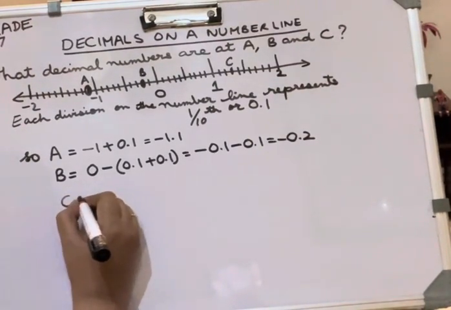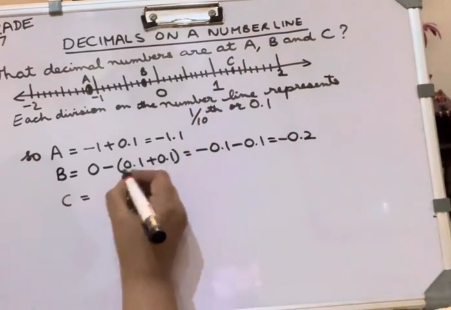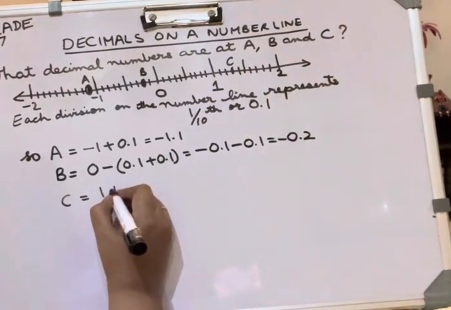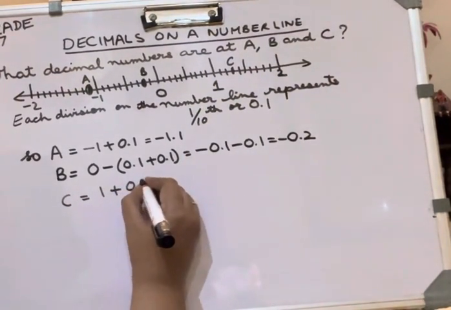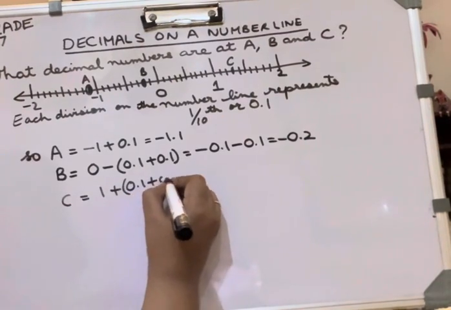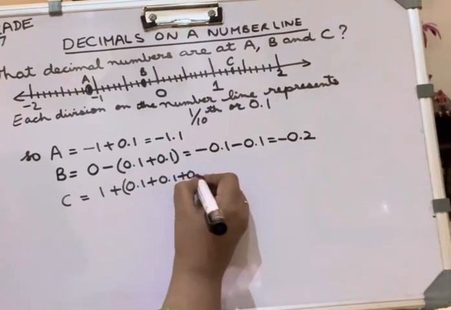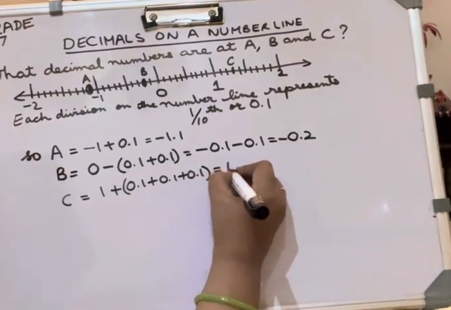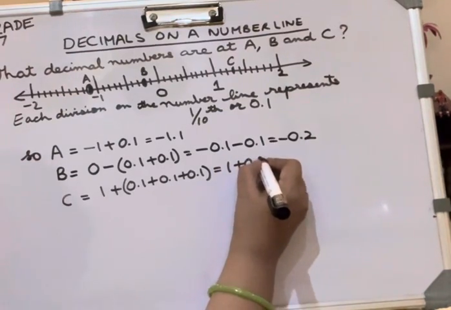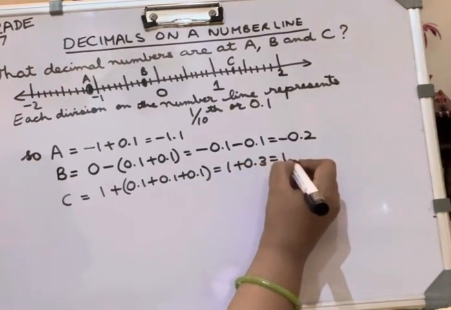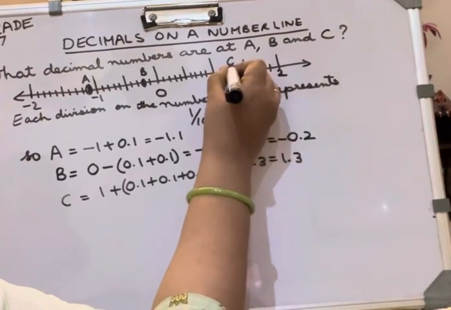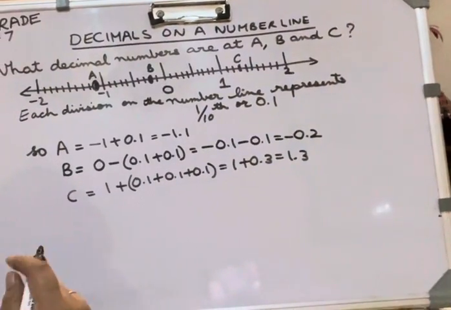And C is 1 plus 0.1 plus 0.1 plus 0.1, which is 1 plus 0.3. So the value of C is 1.3.